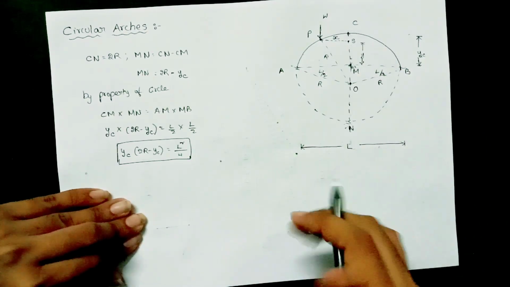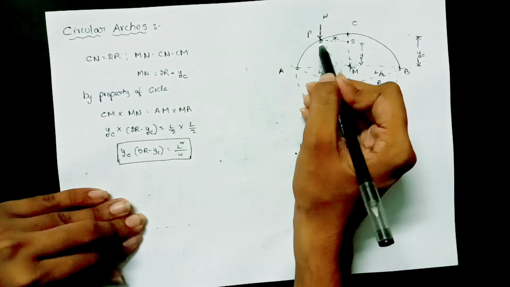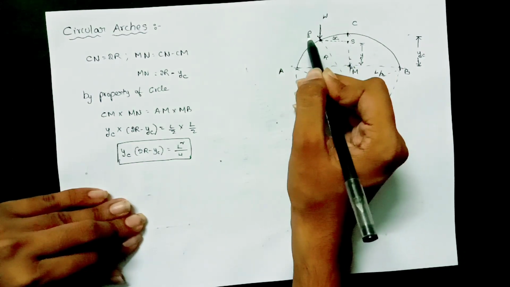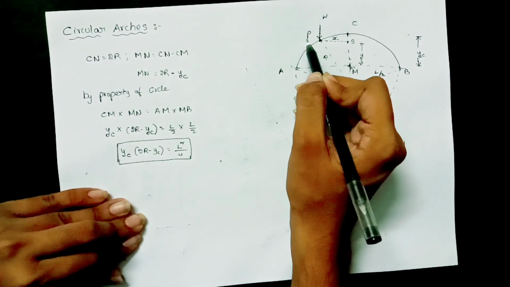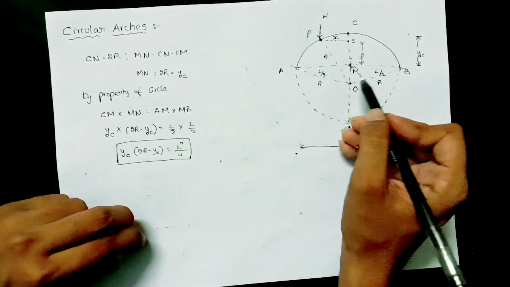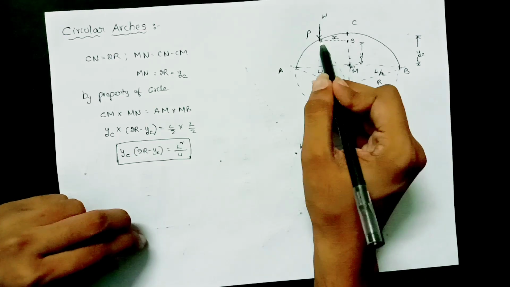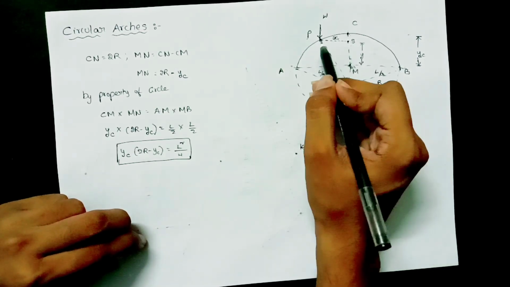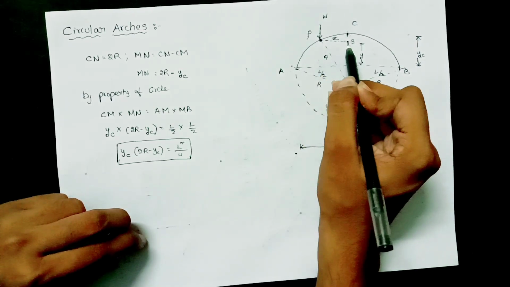Once again, there is a load acting at point P. I have drawn one line from O to P, and from P I have projected one horizontal line.